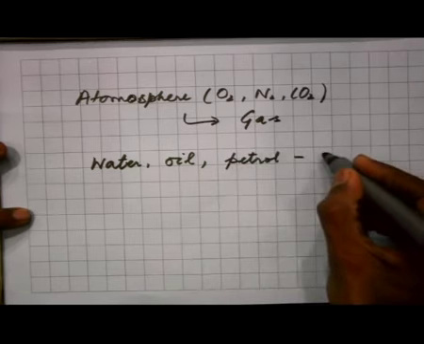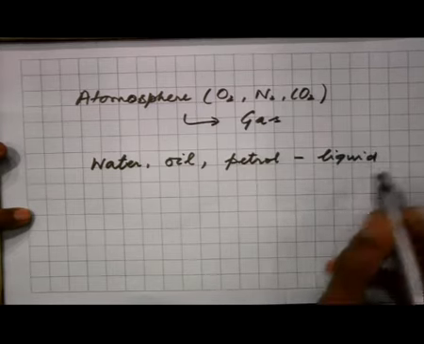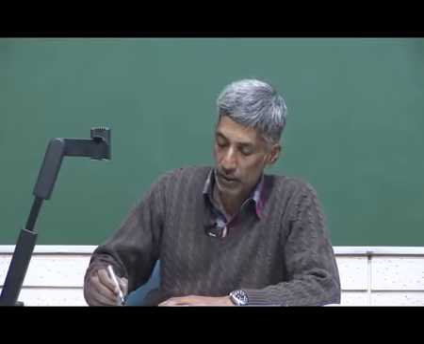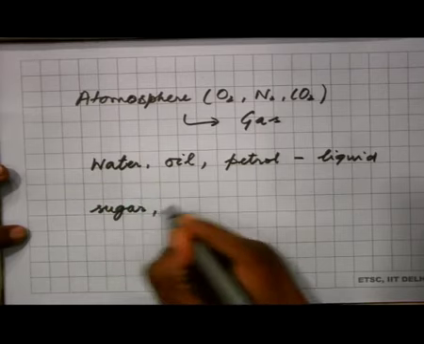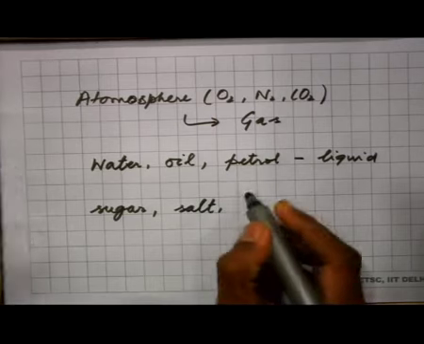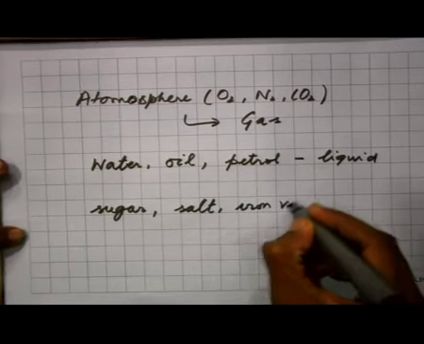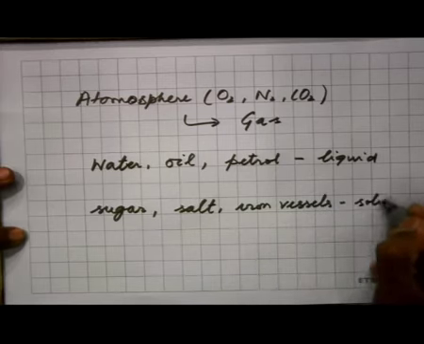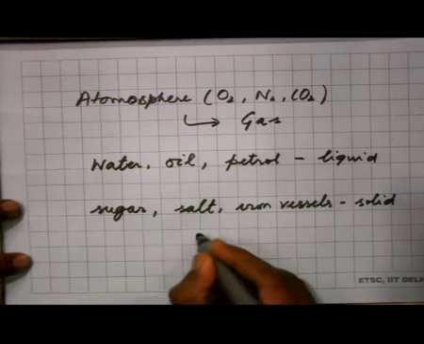The state of matter of these things is a liquid, but a predominant number of substances that we encounter in our daily lives, for example sugar, which is a cause of a lot of our problems in our health, salt, and kitchen vessels, for example iron vessels, are solids. So, these are what we call states of matter.